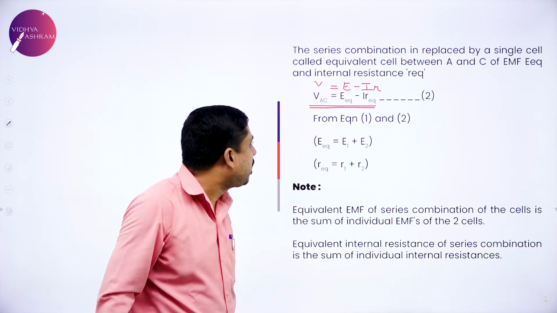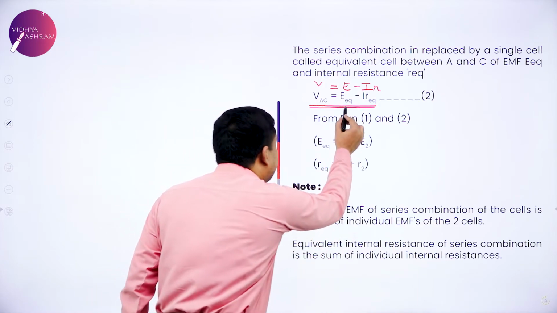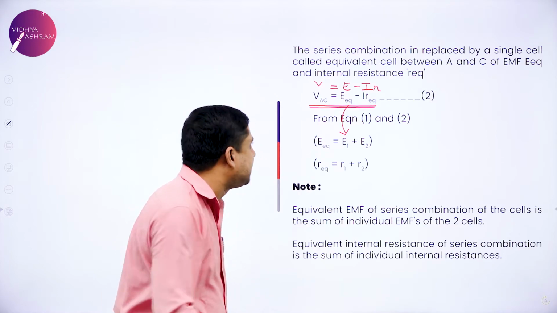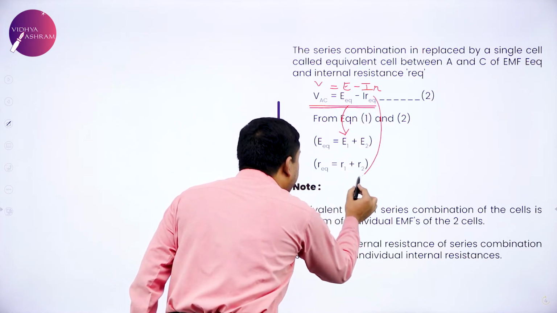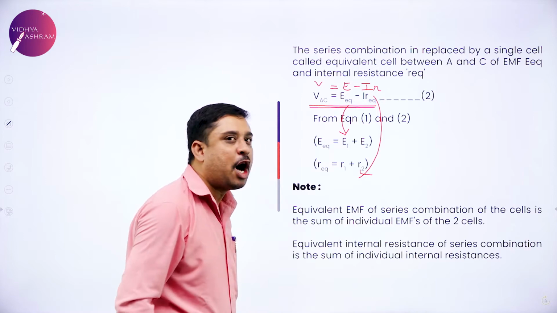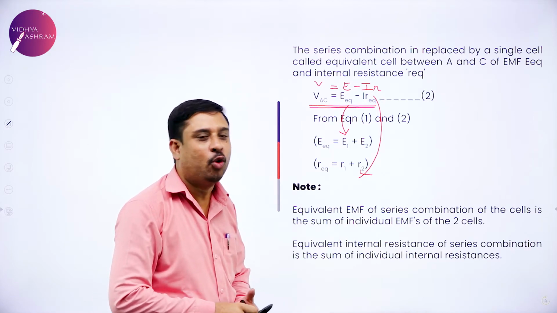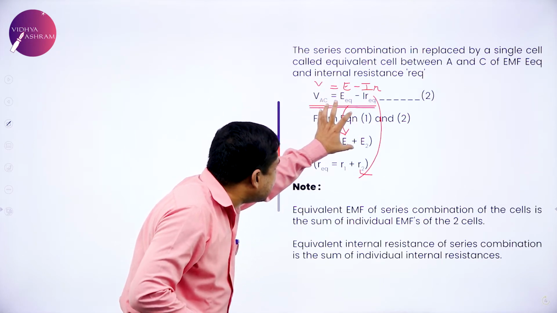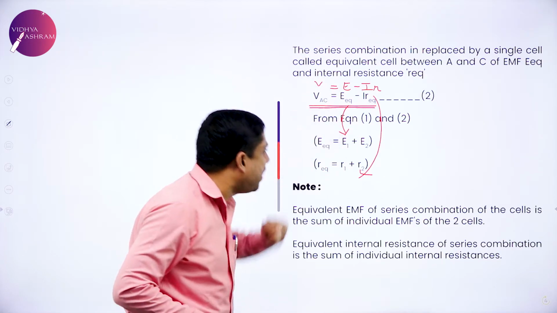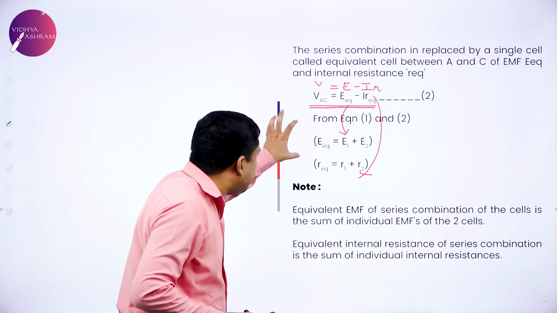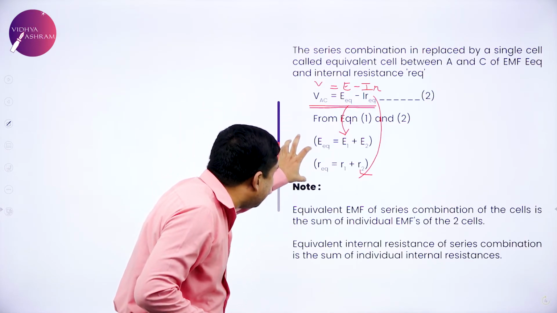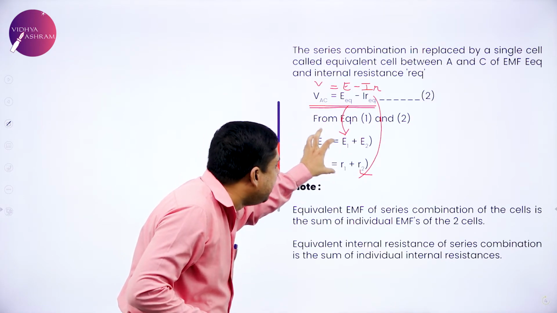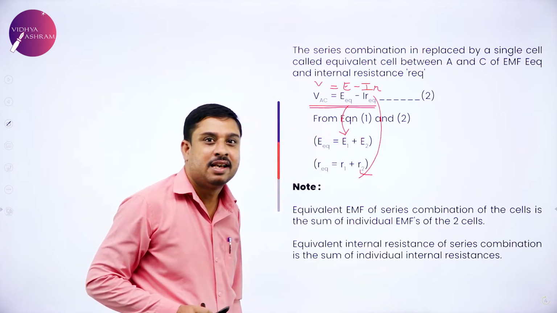If I compare equations 1 and 2, E equivalent is E1 plus E2, r equivalent is r1 plus r2. So the equivalent EMF is the sum of individual EMFs, and the equivalent internal resistance is the sum of individual resistances.